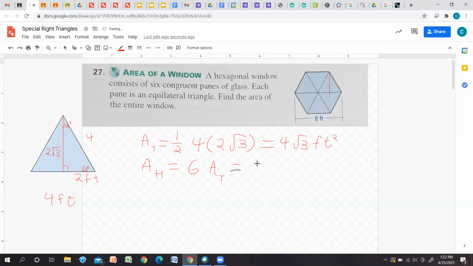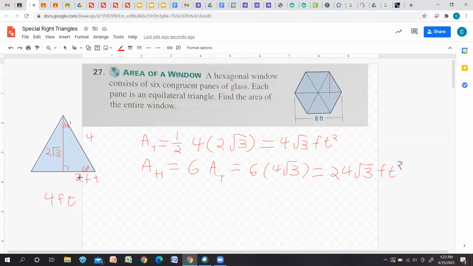And then we say, okay, 6 times this number, 4 root 3. So it's 24 root 3 square feet. So that's the area of the entire hexagon. Now notice I keep the root 3 there because that's an exact answer. You could use a calculator to estimate the answer, but that is the area.